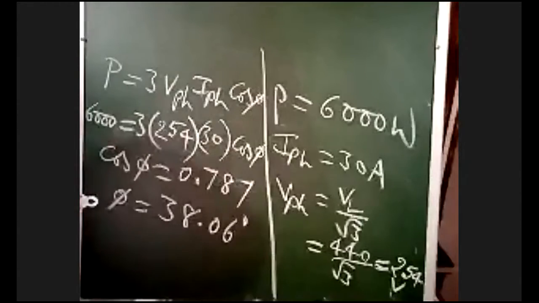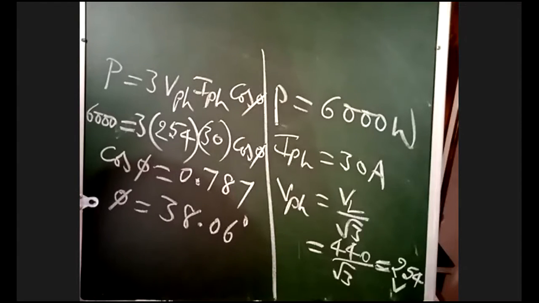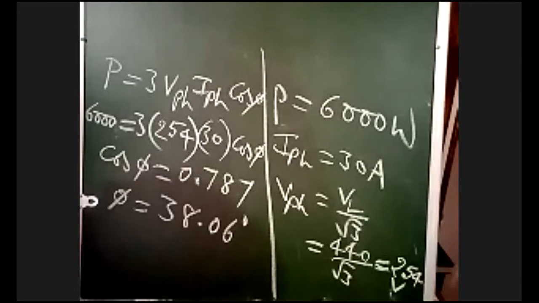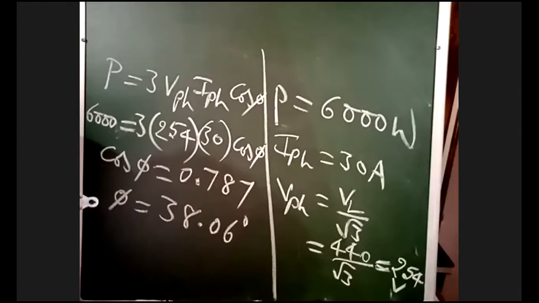No, sir, 0.26. Everyone is getting that answer? What about the remaining students? Sir, cos phi is 0.262.